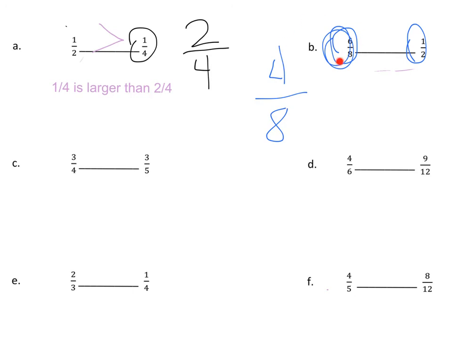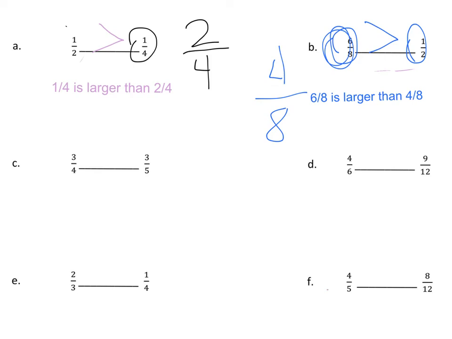But this is 6/8, which is more than 4. So this is larger than half right here. And so again, you would say something like 6/8 is larger than 4/8. 6/8 is larger than 4/8, which is 6/8 is larger than the half.